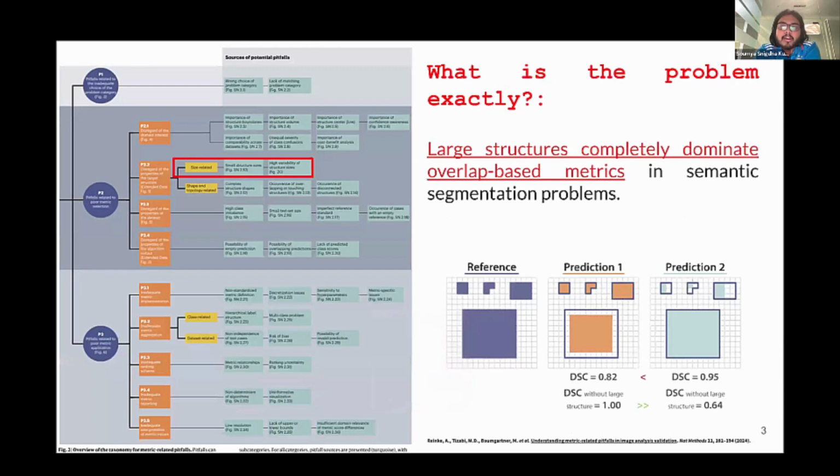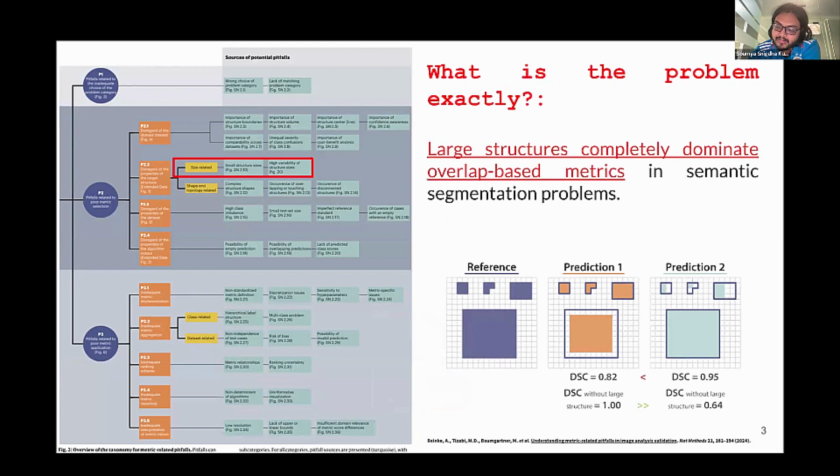So, what is the problem with dice score? The basic thing is that when you have multiple instances and you're doing semantic segmentation, where technically all instances are equal, the dice gets biased to the larger instance. In the bottom figure, there are three smaller instances and one large instance.